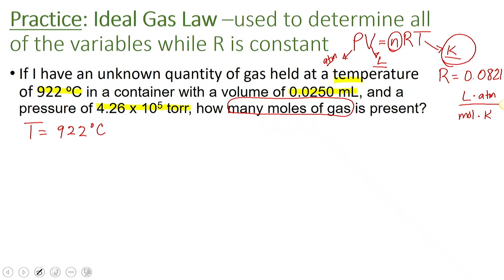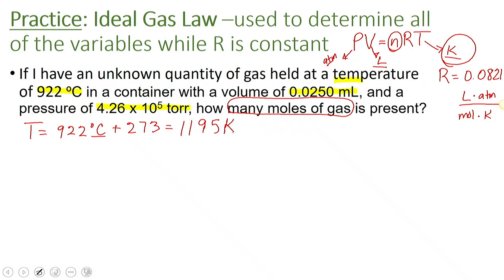So we must convert this value of Celsius to kelvins. Anybody remember how to do that? You add 273 to any Celsius value, and we will end up with 1195 K. All right, so that's the first thing.